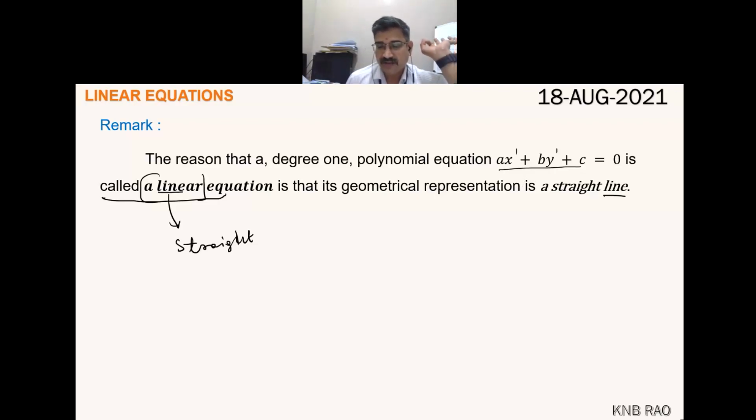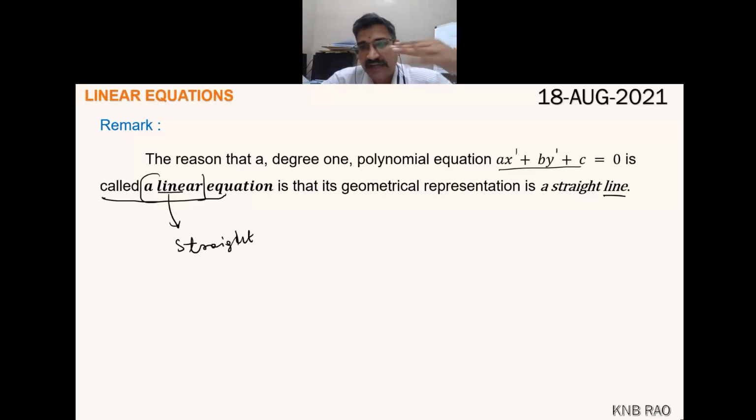Sir, can we represent a linear equation in 3 variables also on a Cartesian plane? A linear equation in 3 variables cannot be represented on a Cartesian plane; since 3 variables come in, it becomes the space.